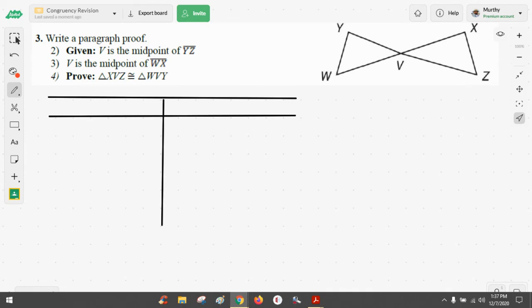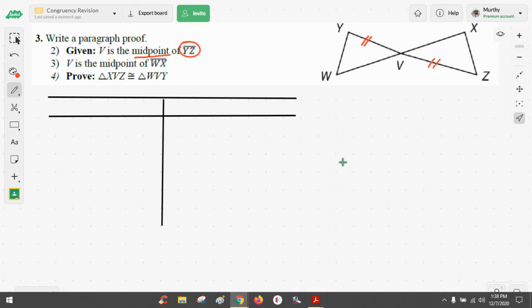This time I see that given V is the midpoint. Midpoint means the point that divides into two equal halves. So here YZ, I see that here is YZ, and this one V is the midpoint means this one divides into two equal halves.